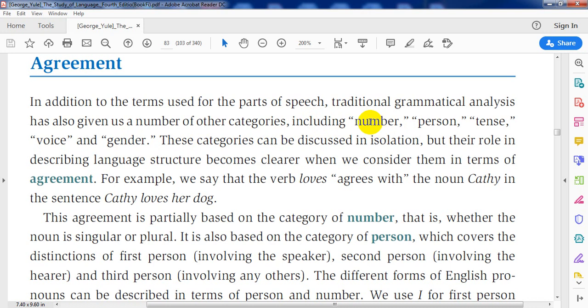So, agreement in number. The system of numbers in English is composed of two: singular as well as plural.